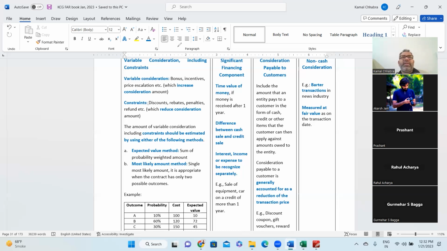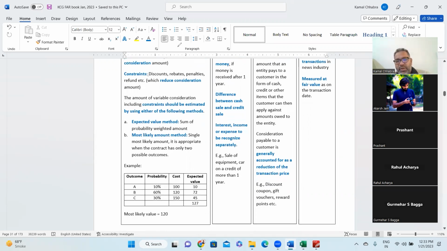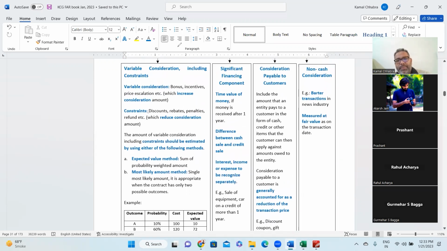Normally a cash sale you give at $90,000, whereas on a credit sale you don't give any discount. That means the $10,000 which you are extra earning is on account of financing for that period, right? Hence that income needs to be identified separately and recognized as finance income or interest income. Make sense?